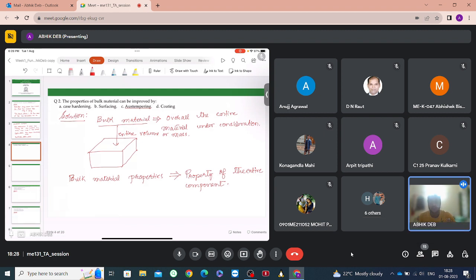So have you understood what a bulk property is? Can you give an example of this basic definition of a bulk material property? Can any one of you give any example of a bulk material property?